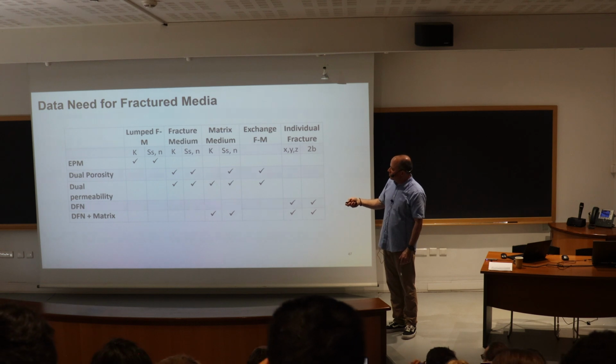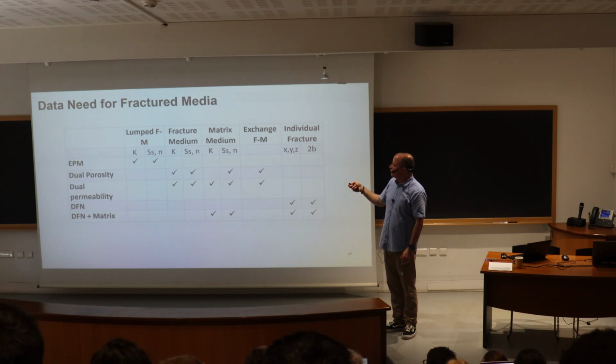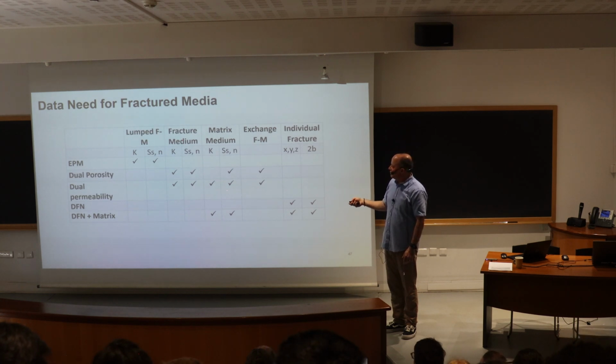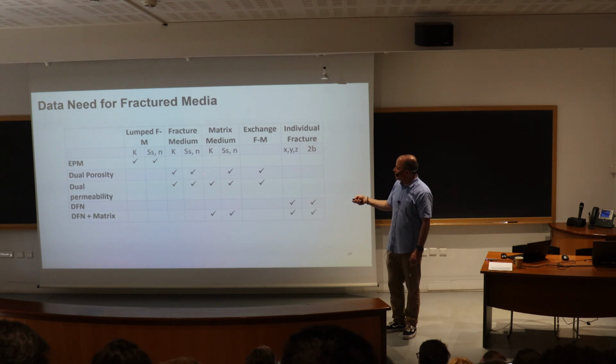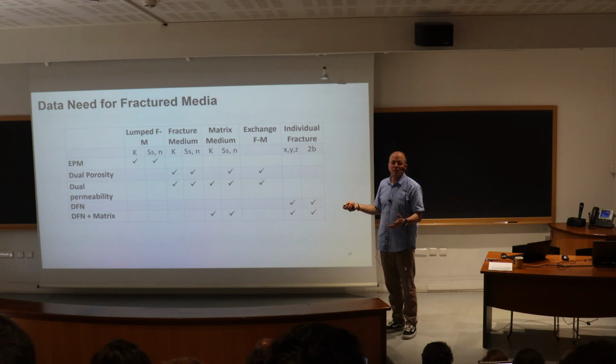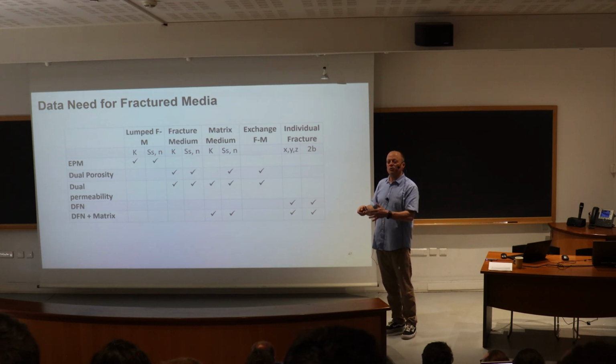But as soon as you go to the dual porosity, dual permeability approaches, you have to define the fractured medium and give properties. You have to define the matrix medium and give properties. Here in dual porosity, there's no hydraulic conductivity required for the matrix medium. We assume it's impermeable. There's no flow in the matrix, but the matrix can store water.